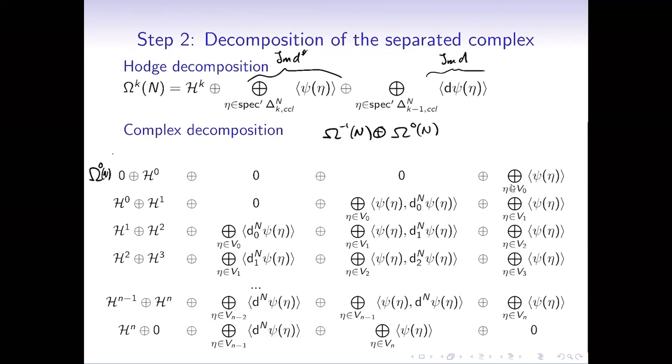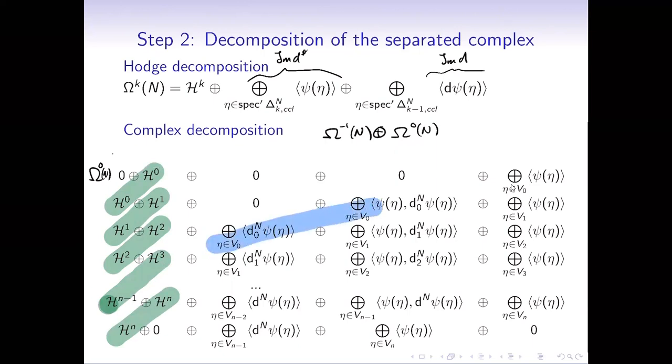So then subcomplexes of the second type, which are dealing with harmonic functions, are over here. So each of these lines is a subcomplex of type 2. Now, subcomplexes of type 1 run like this.